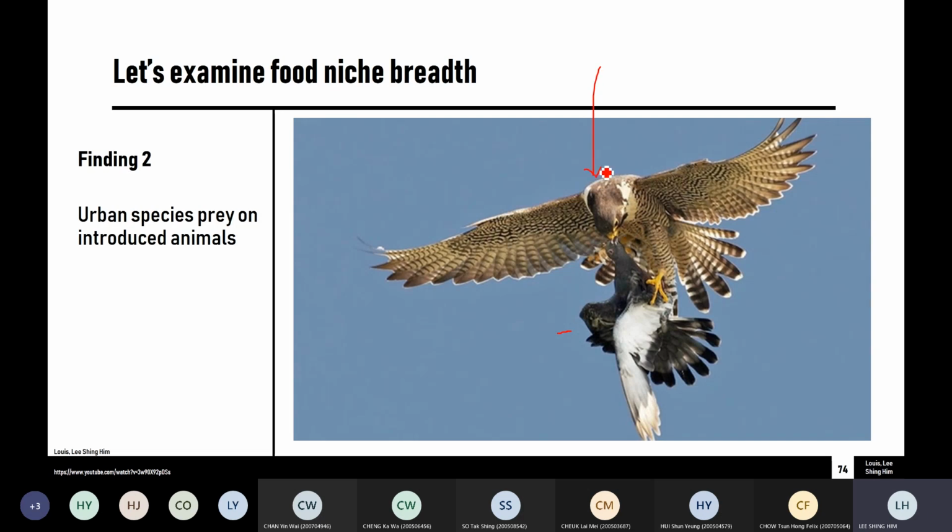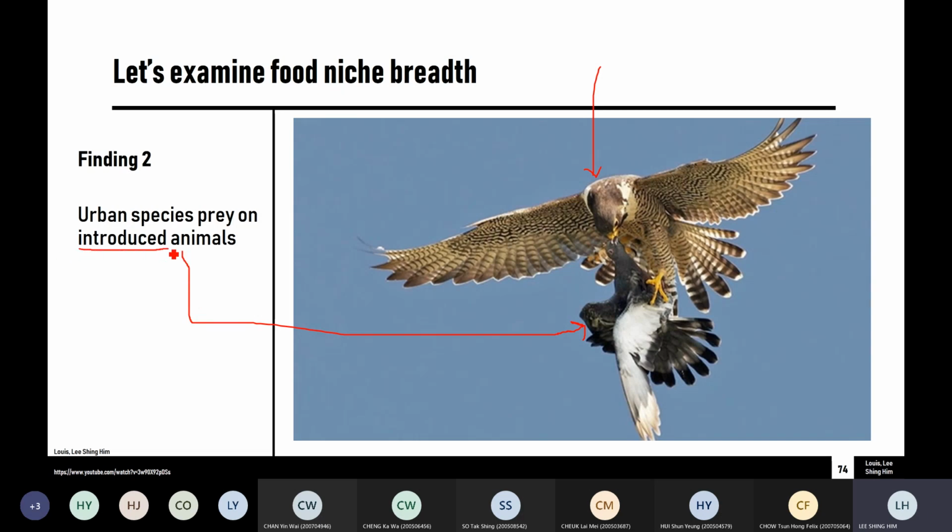So 油隼 is a native animal, even in urban area, because the city just lies on its native range. But feral pigeons may not be native animals. The feral pigeons may be introduced animals.